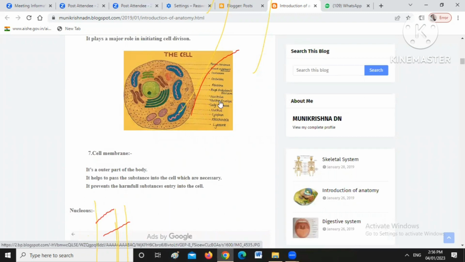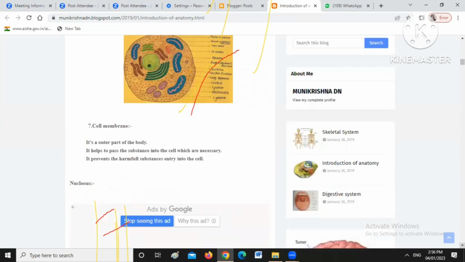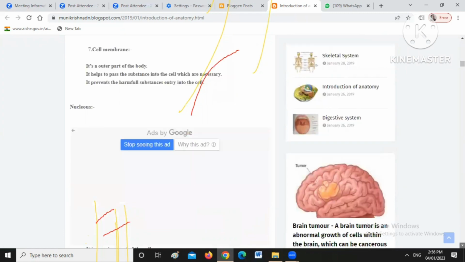Can you able to see here? Nucleus, envelope, nucleus. So this is the particular portion of the nucleus here. This only controls all the activities in the nucleus. That is nucleoprotein.